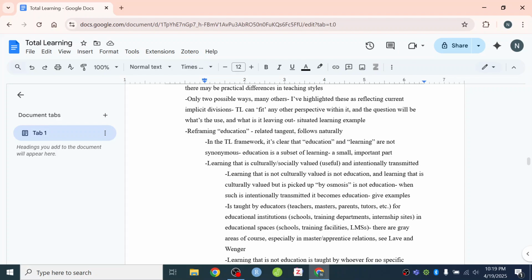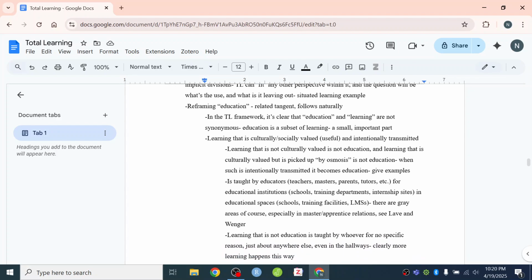There are, of course, gray areas, especially in master-apprentice relations, as has been described by Jean Lave and that whole line of research, where learning is going on, but production is going on at the same time. The space is an educational space, yes, but it's also a space of real production. Okay, gray areas.